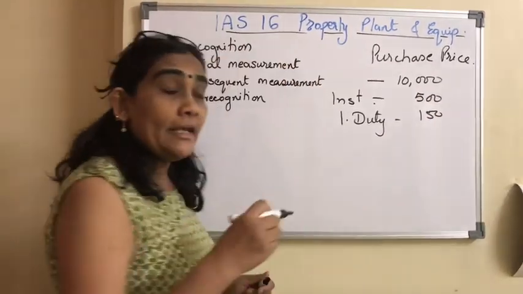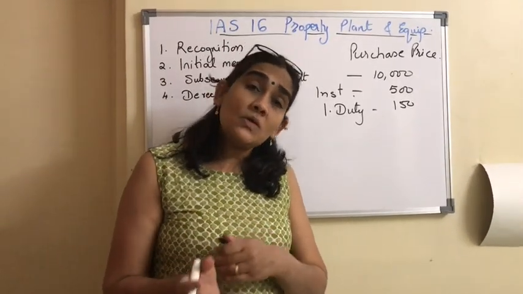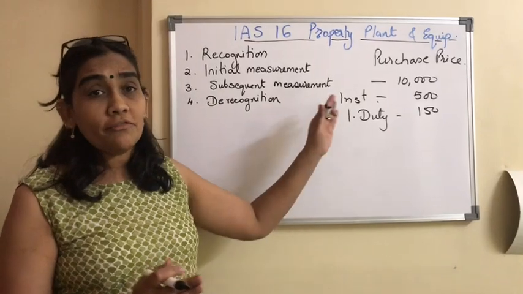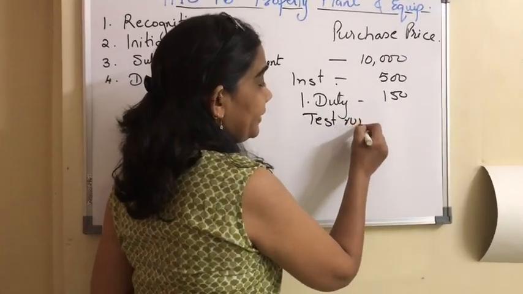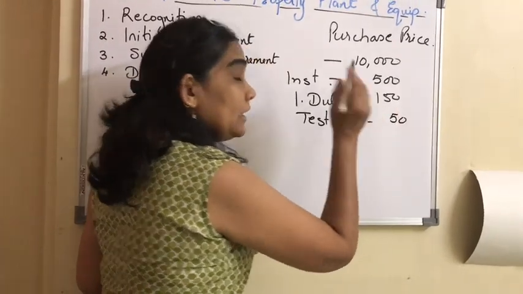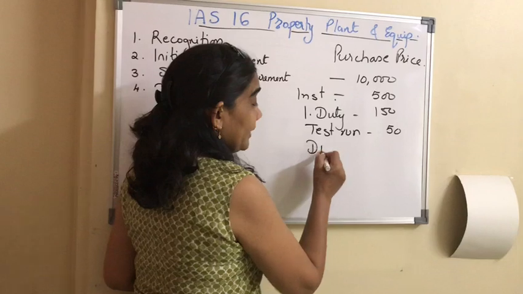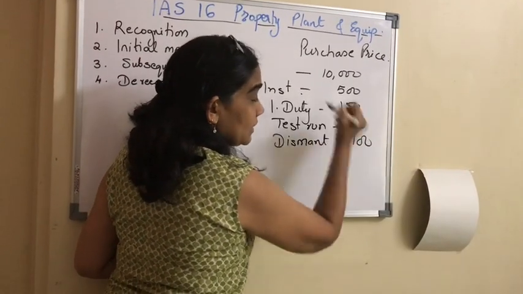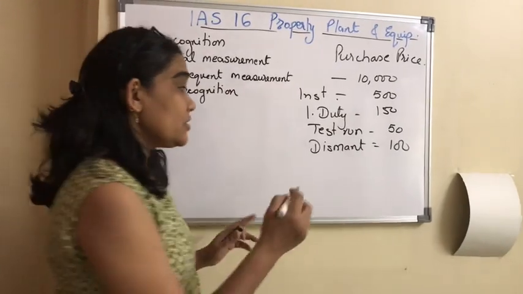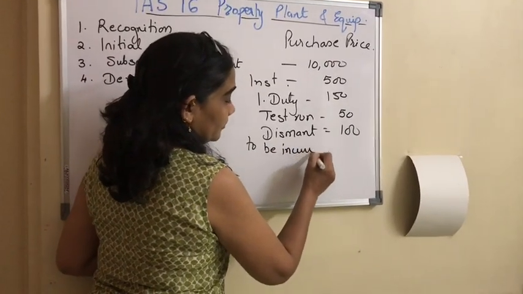Then of course, if there are any test runs that are carried out, that also has to be capitalized and becomes a part of the cost. So if there are any test runs, maybe let's say 50, that would also be a part of it. And then finally, there will be a dismantling cost of, let's say, 100 to be incurred at the end of 10 years.